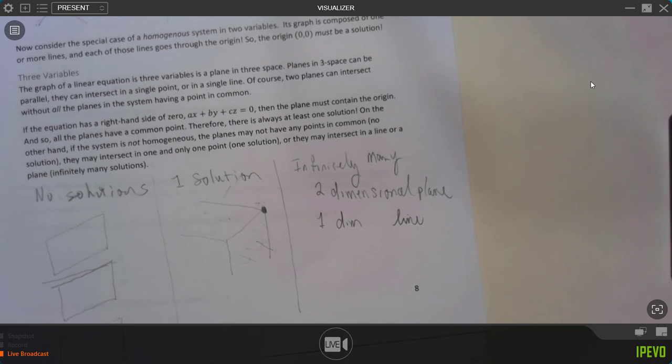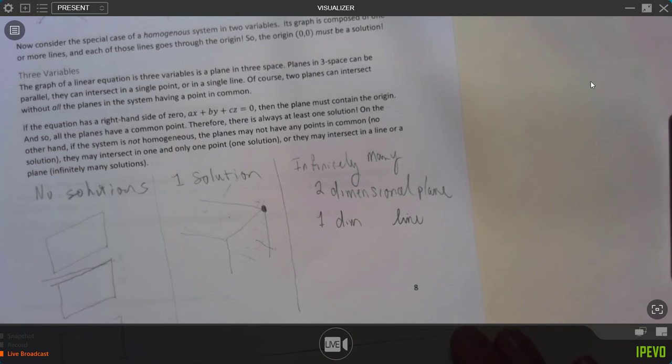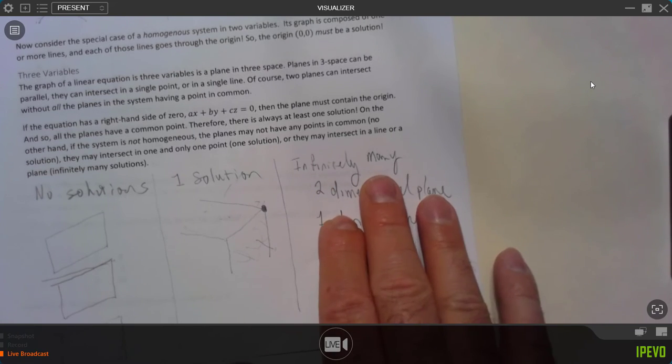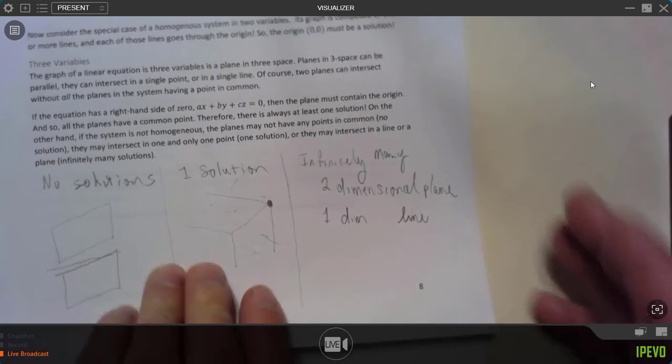Well, it's still infinitely many, but it's infinitely many in a different way. So this geometry really does help in the sense that we realize there's some subtleties when we say infinitely many. How infinite? One-dimensional infinite, two-dimensional infinite, seven-dimensional infinite. Those are all possible with different kinds of systems of equations.